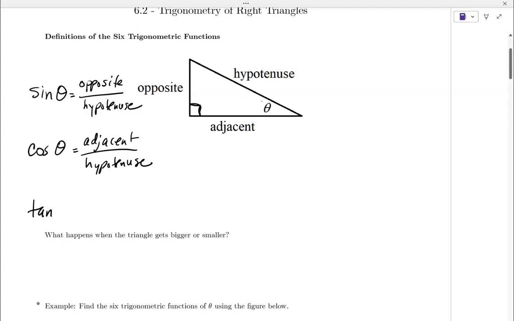The third one we refer to as the tangent. It's tan of theta, and it's opposite over adjacent. If I could spell the word adjacent, that would also be helpful.